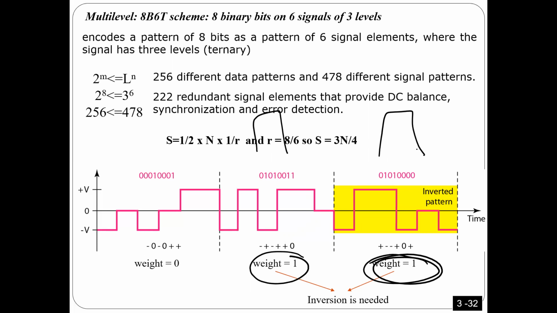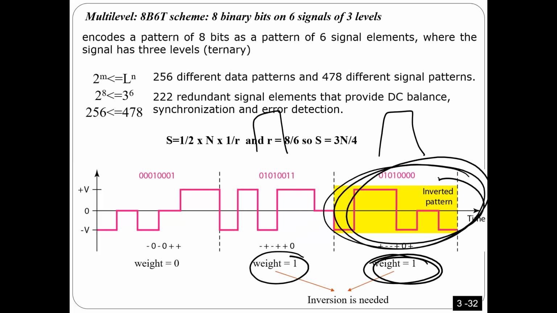I want to make a balance, so I'm going to invert this signal and transmit it. When you invert it, the weight is going to be negative 1. Now we have positive 1 and negative 1, so both of them are going to be 0 again. You got what I'm saying?